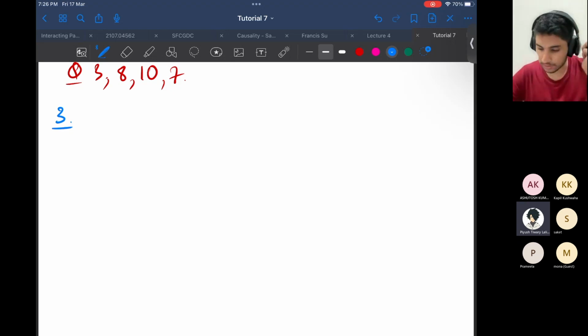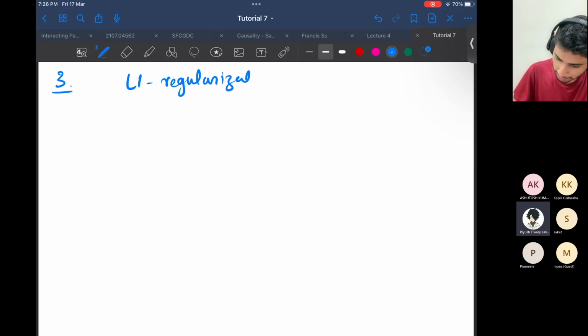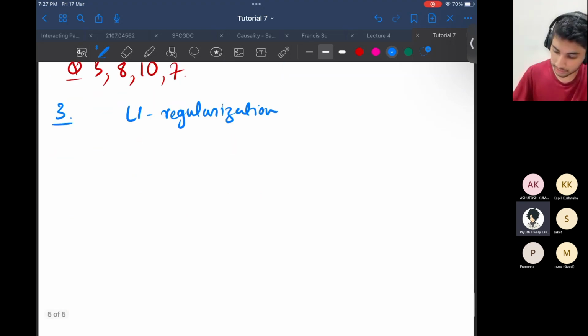So to solve this question, what we need to understand first is what L1 regularization and L2 regularization are. I will use this notation, omega of f.